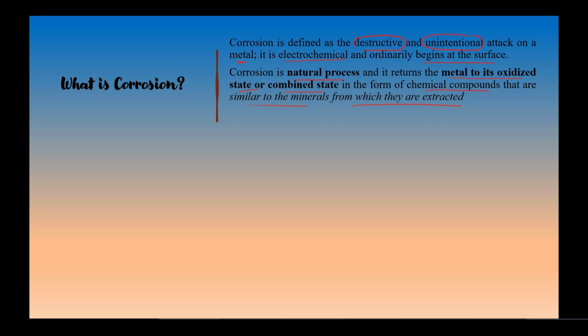They are basically extracted from different compounds into the metallic state by performing certain processes. So corrosion, if you look at a very crude form, it's the natural process of metals trying to get back to their original state, the state they were in, in the very basic form. All right, so it's that process.